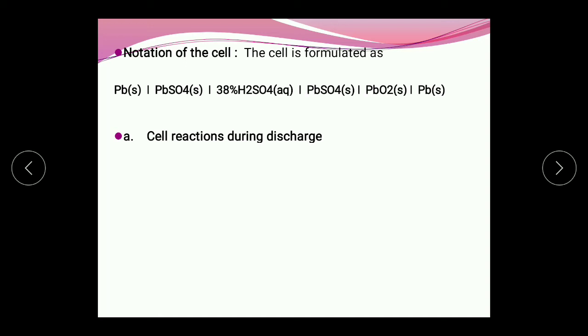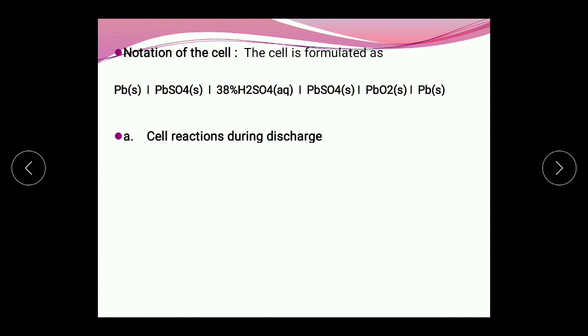This construction you remember? Now, what is anode here? Anode is plain lead plate. What happens at anode? At anode, there is always oxidation. What is oxidation? Oxidation is a removal of electrons. So, lead will remove electrons and get converted into lead ions.